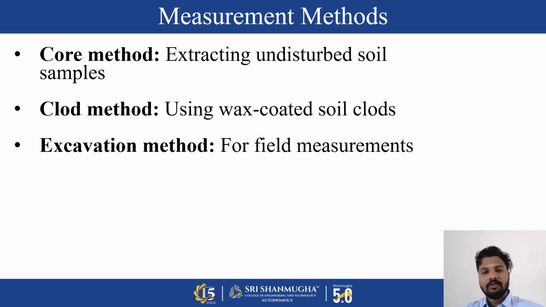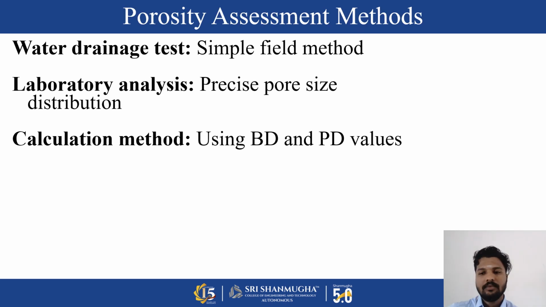In the next slide, we are going to see the porosity assessment methods. Here I listed three types: water drainage tests, laboratory analysis, and calculation methods. The first one is the water drainage test, a simple field method to estimate pore connectivity and drainage rate.